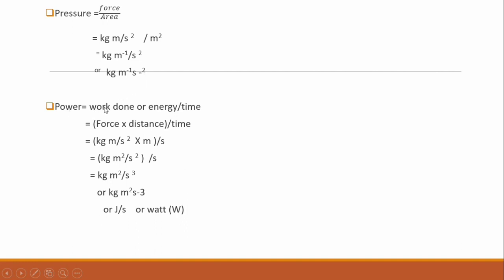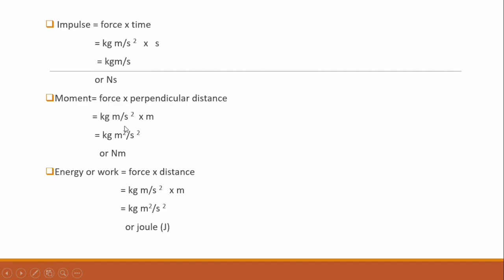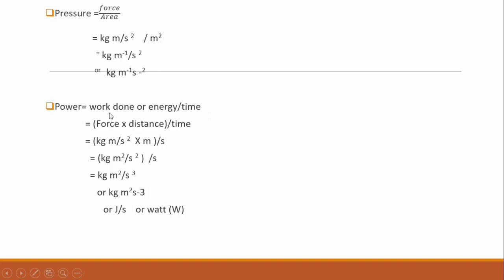Power. Power mathematically is given by work done divided by time, or energy per unit time. We know that work done or energy is given by force times distance. So power is force times distance divided by time.